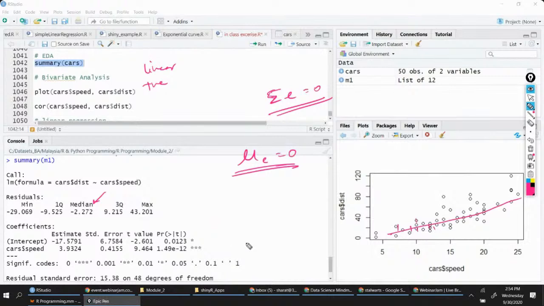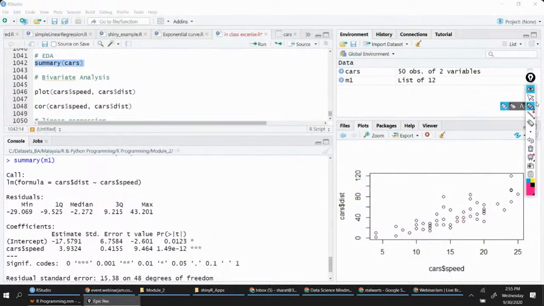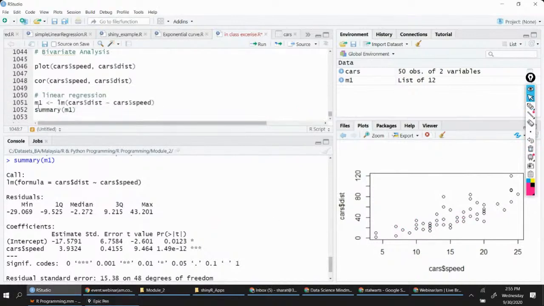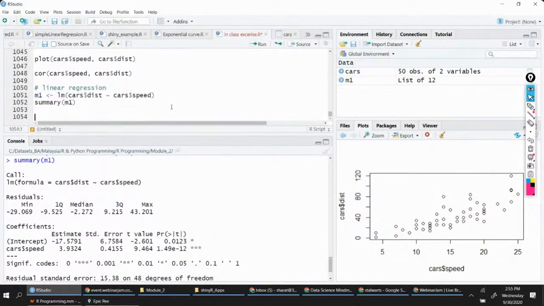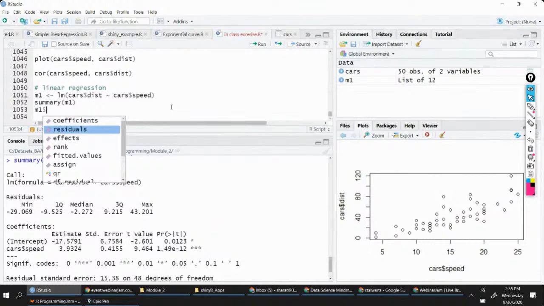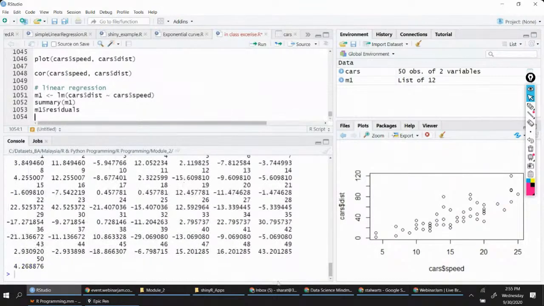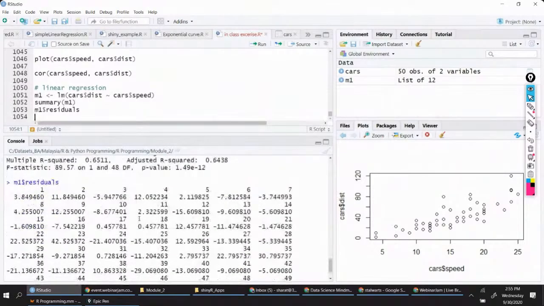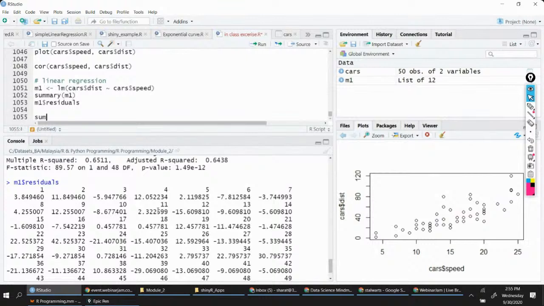So if you want to cross-check this, we can also do the cross-check here, right? Let's do that. Your M1 here is capturing a lot of values, 12 different values are there. I'll put M1 dollar residuals. When I do that, these are the errors for all the 50 observations that your model is giving. Right? These are errors. Now you can check what will be the sum of these errors.